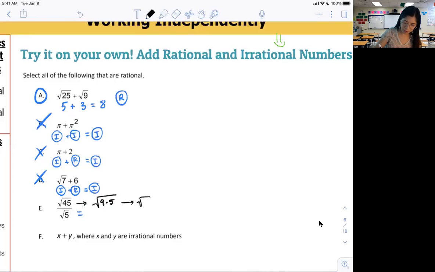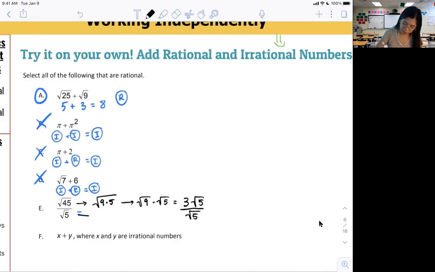So I have the square root of 9 times the square root of 5. So I'm simplifying this radical. What is the square root of 9? 3. So this is 3 root 5 over the square root of 5.